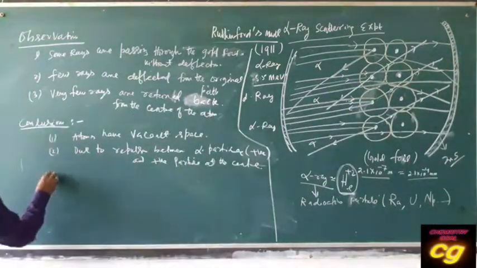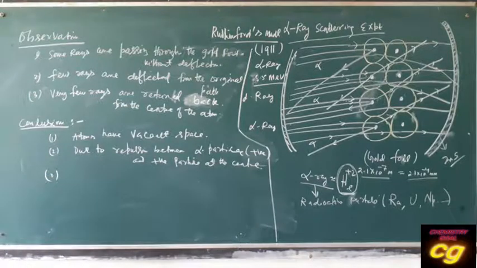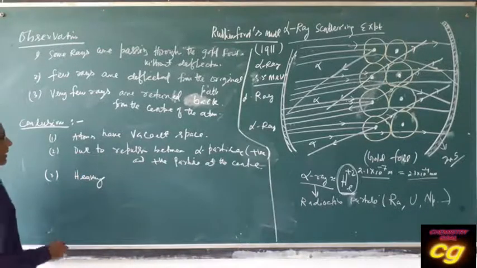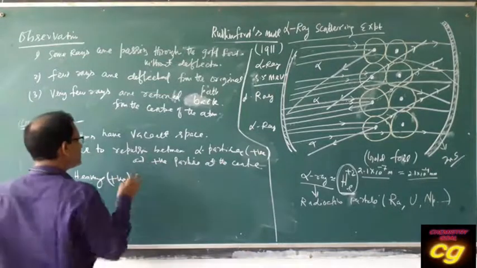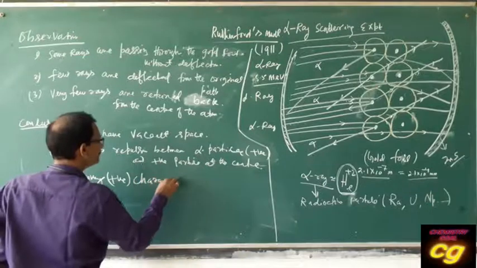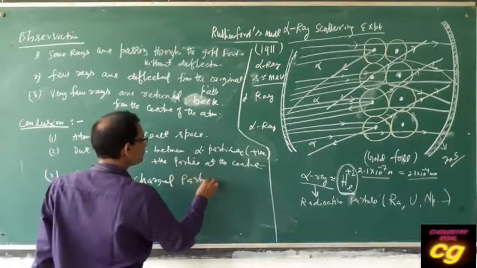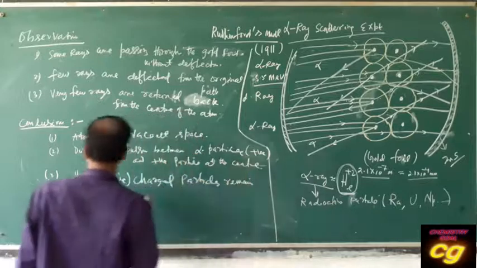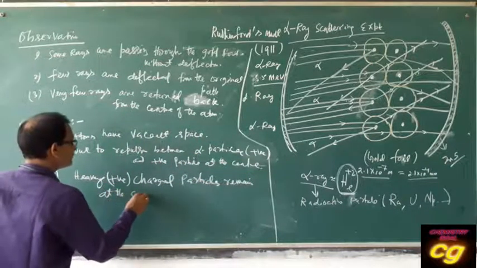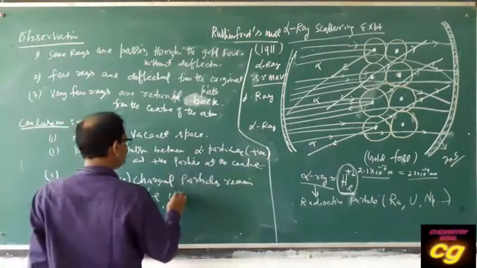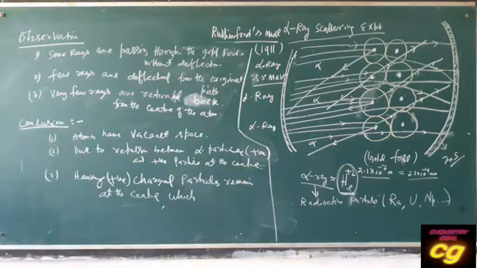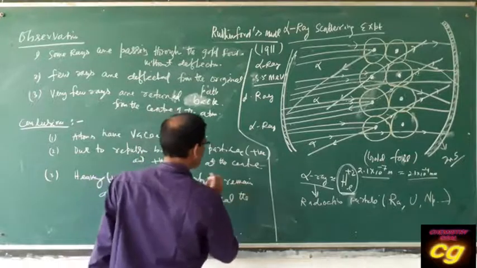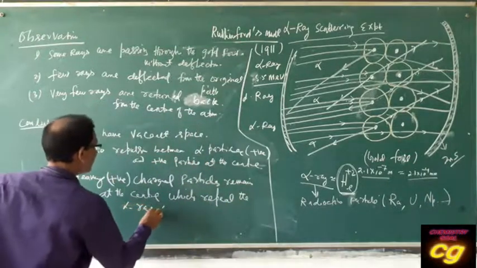Third conclusion is, at the center heavy positively charged particles remain, which repel the alpha particle, the alpha ray.